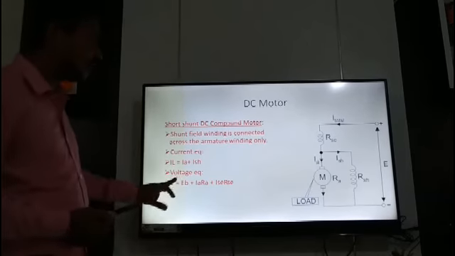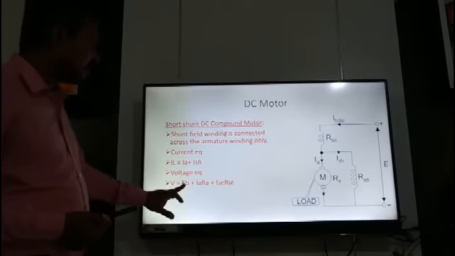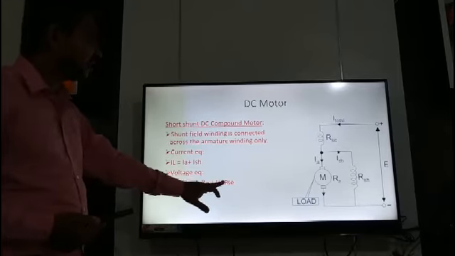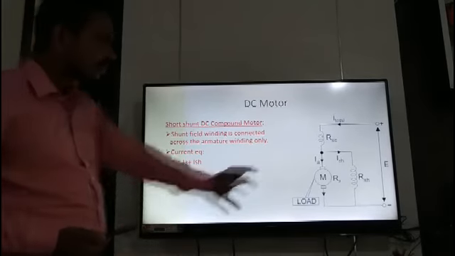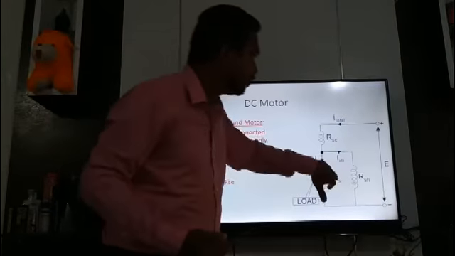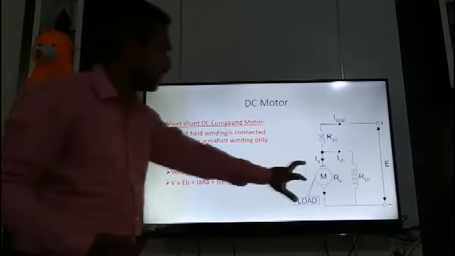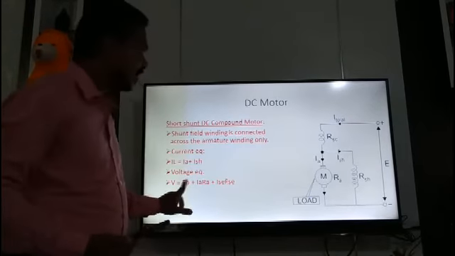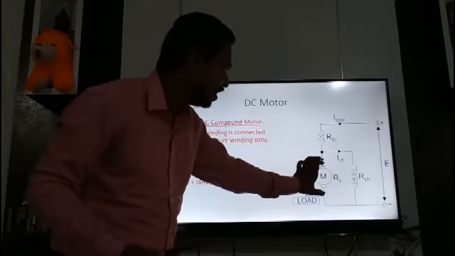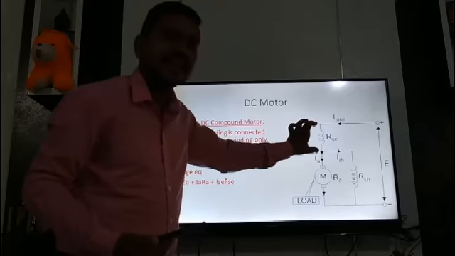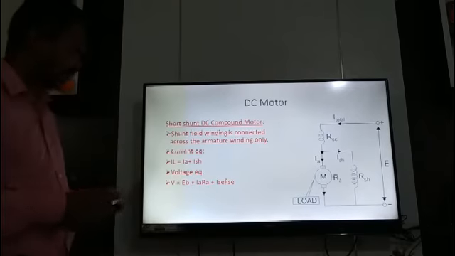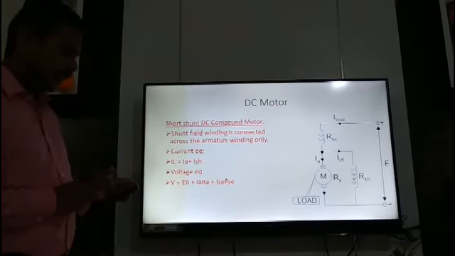Now the voltage equation: V is equal to EB plus IA RA plus ISC RSC. This is the supply voltage given to the motor, and EB is the back EMF. So this is the voltage equation of the short shunt compound motor.